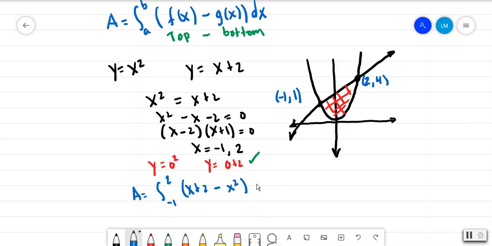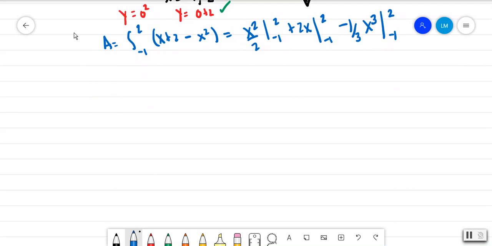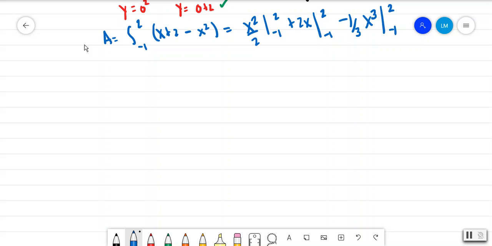Now, what this gives us is the antiderivative, which is x squared divided by 2 from -1 to 2, plus 2x from -1 to 2, and then minus 1/3 x cubed from -1 to 2. All that we need to do here is subtract.